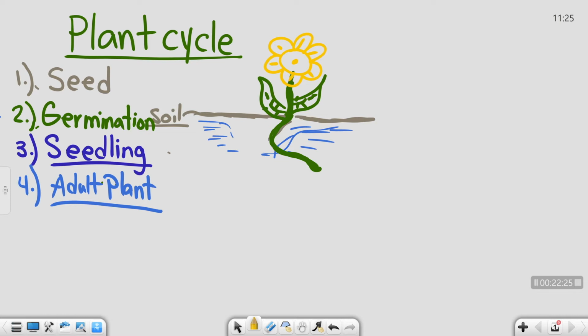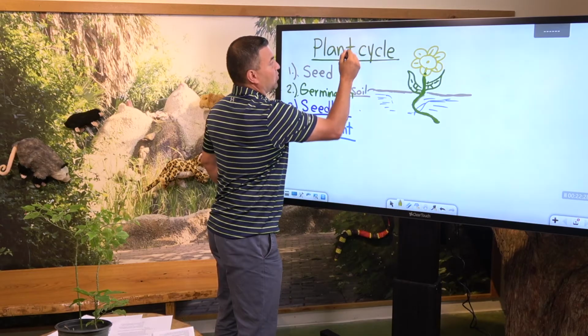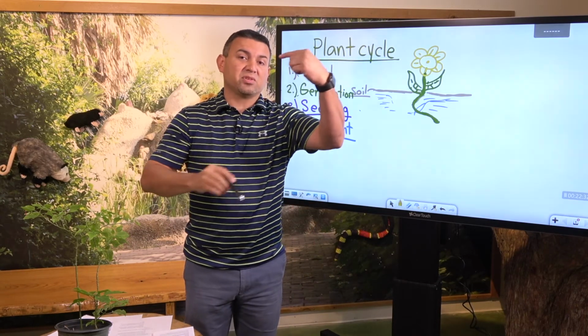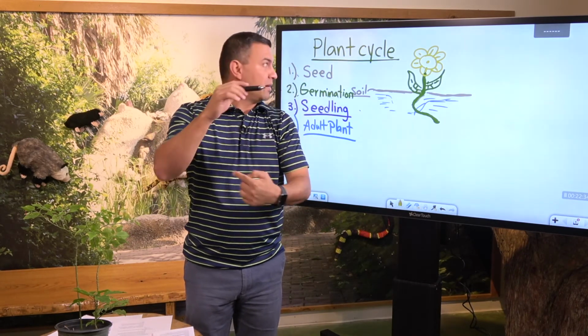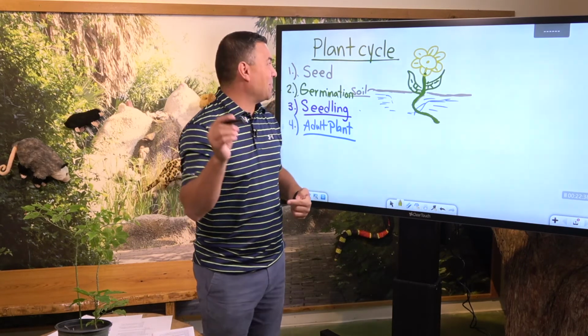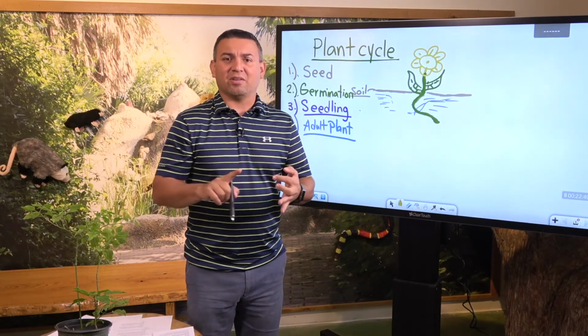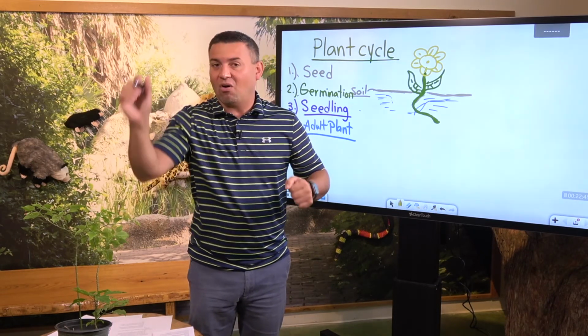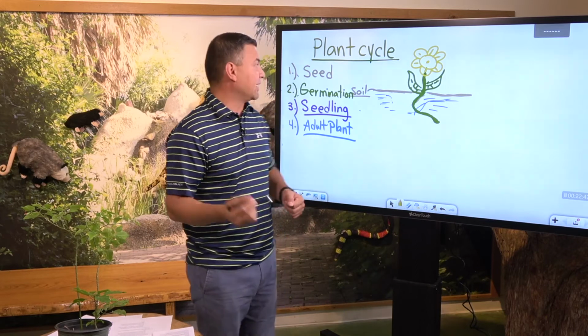So, like anything else, what does the word cycle mean to you? Cycle is a continuous progression, whether it's the water cycle, nitrogen cycle, or plant cycle. There's a beginning and then there's an ending and then it starts all over again. It's continuous, like anything else.